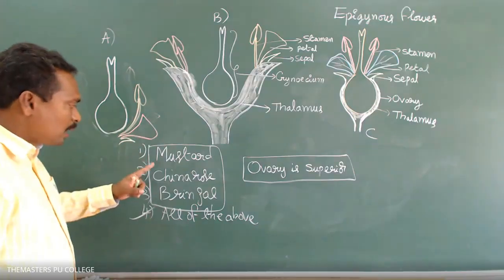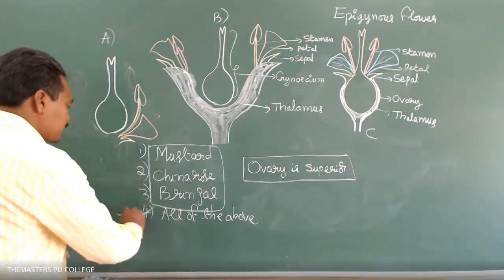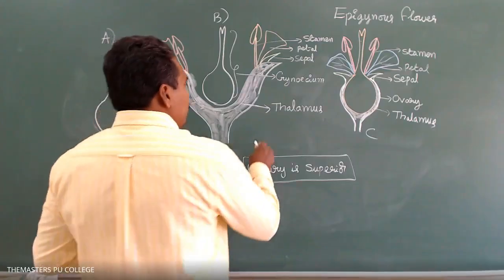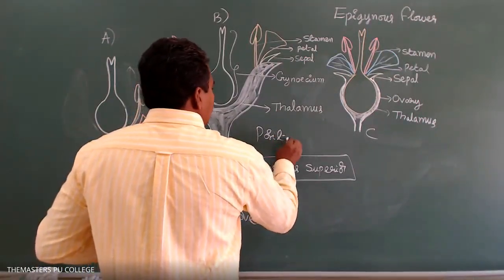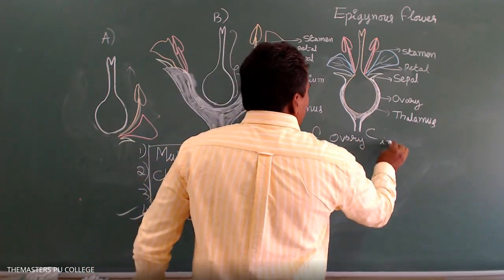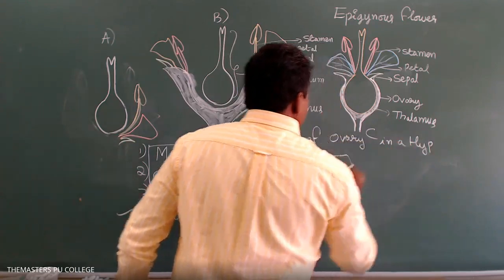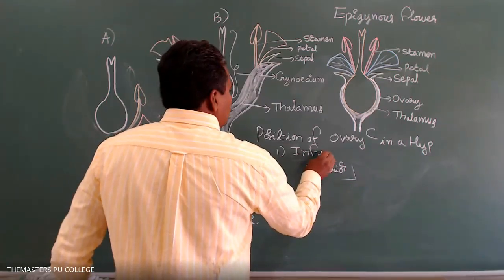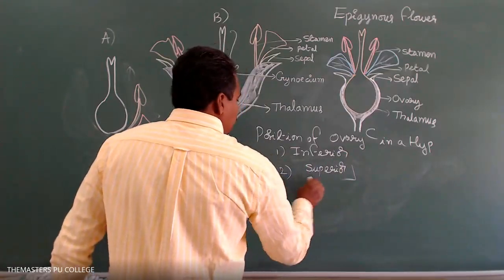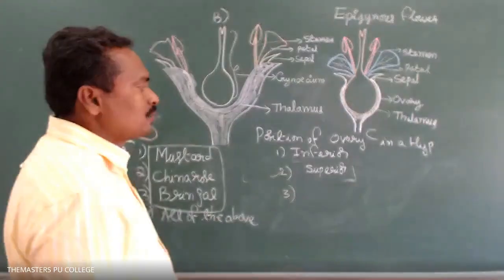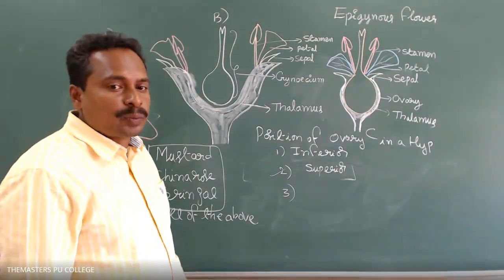Option 1 is mustard, option 2 China rose, and the fourth option is the answer. Now, the position of the ovary in hypogynous flowers: option 1 is inferior, option 2 is superior. Option 2, superior. So the position of the ovary in hypogynous flowers is superior.